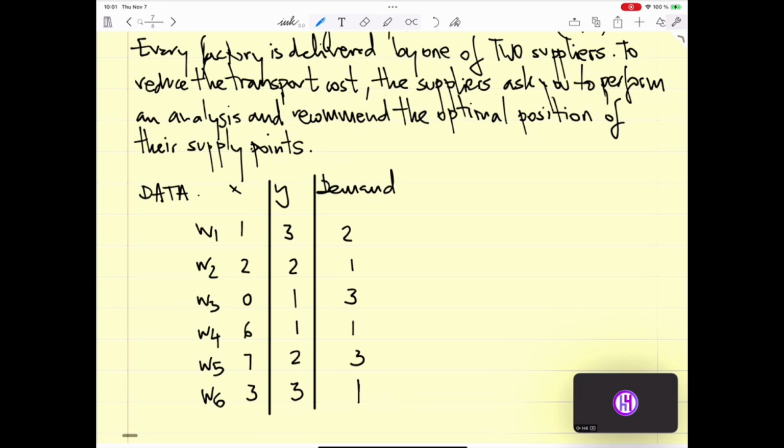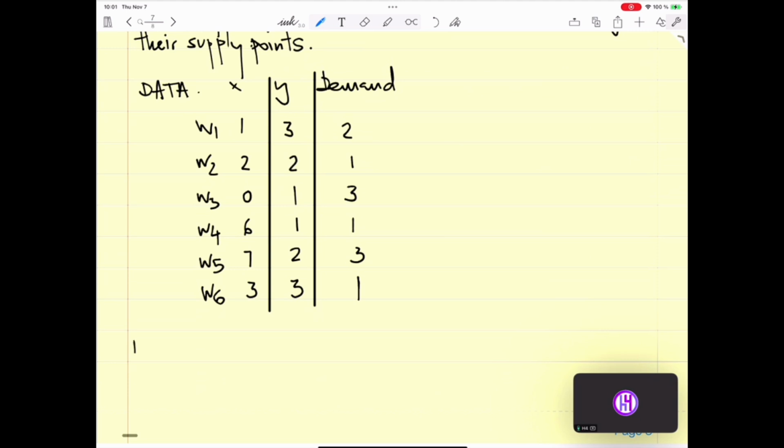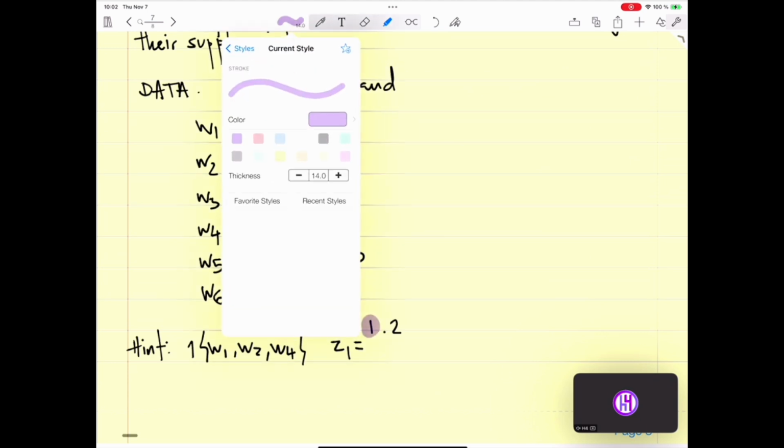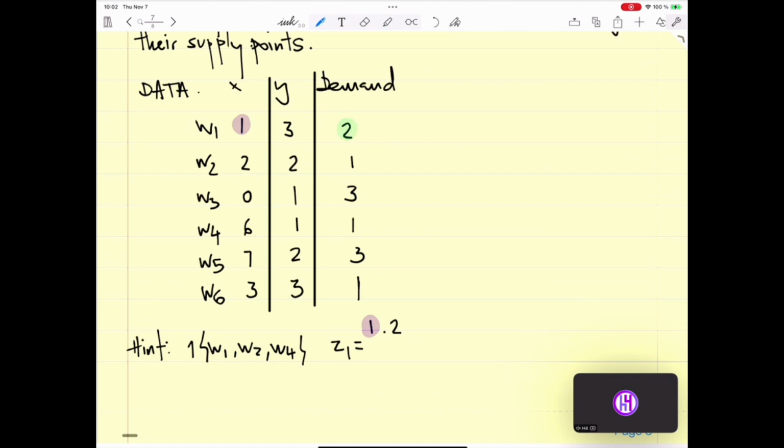So I give you the first hint. If the first groups are 1, 2, and 3, or 1, 2, and 4, then the centroid 1 is 1 times 2, 1 times 2 for x, of course, plus 2 times 1 plus 6 times 1.